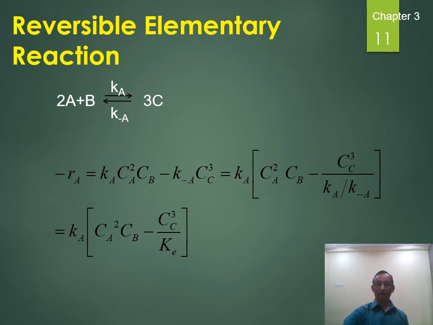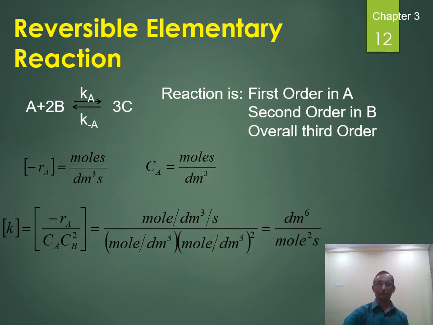This ratio is called the equilibrium constant. In the reversible reaction, we have the ratio of the rate constant of the forward reaction and the reverse reaction, that we substitute with the equilibrium constant Ke, where Ke is equal to Ka divided by K minus A.